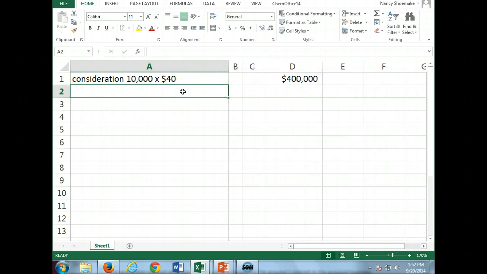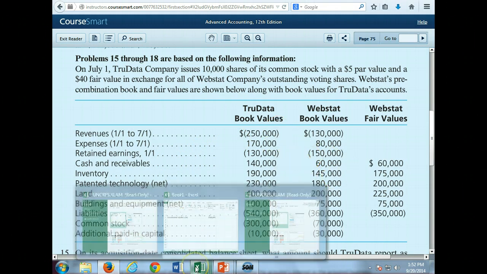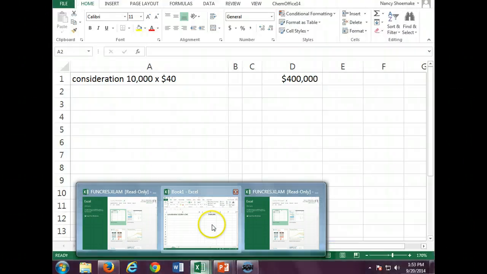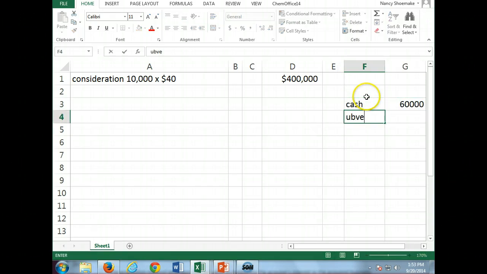Then we need to figure out the book value minus the liabilities of what we're receiving. The book values minus the liabilities: cash of 60. I'm going to record this over on the side. Inventory of 145.